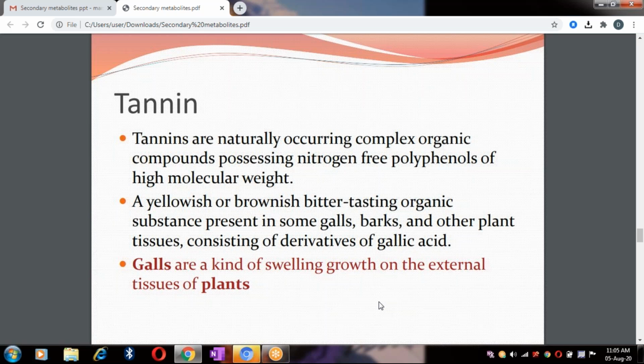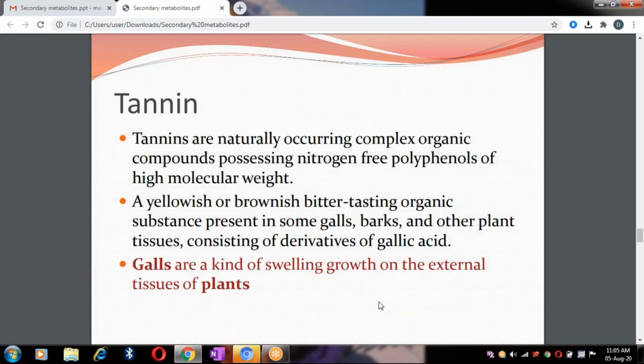Chemically, tannins contain a mixture of complex organic substances wherein polyphenols are present with orthodihydroxy groups on the phenyl ring, and they are devoid of nitrogen. They form a colloidal solution when you add water to them, and they are non-crystalline substances.